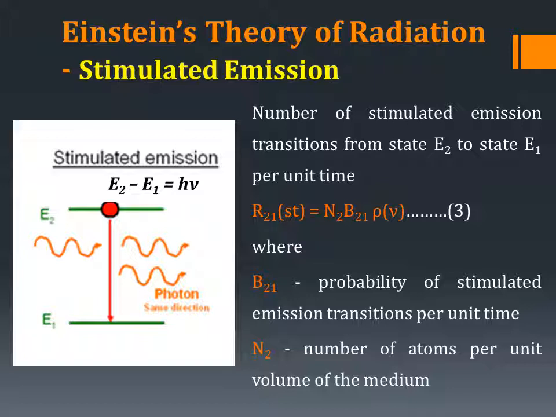The next method by which an atom can come down from a higher energy state E2 to a lower energy state E1 is stimulated emission.